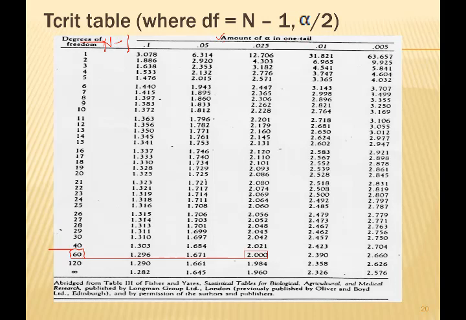Which means that we need to double up these numbers to know our alpha. So our alpha here for 0.1 would be 0.2 because it's double that. And this would be 0.10. And then, I'm just doubling up the numbers, 0.05 and 0.02. And this would be 0.01, right? So those would be your alphas.